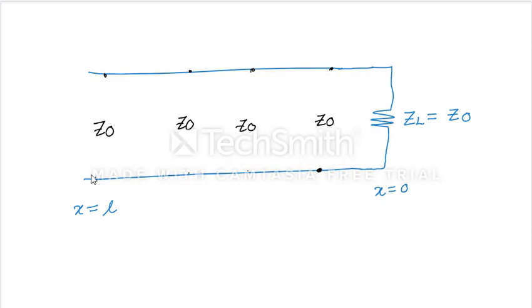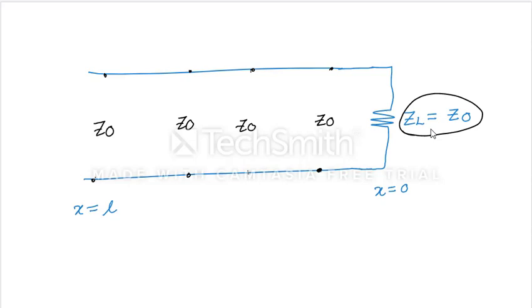So what happens under the matched condition? When the load impedance is equal to the characteristic impedance, the impedance at any point is the same as its characteristic impedance.